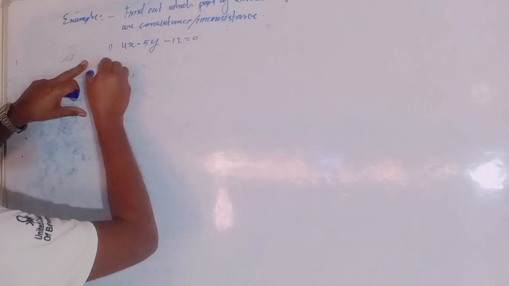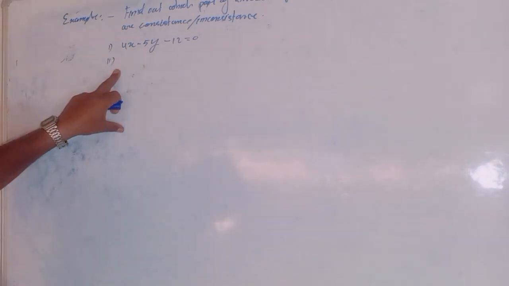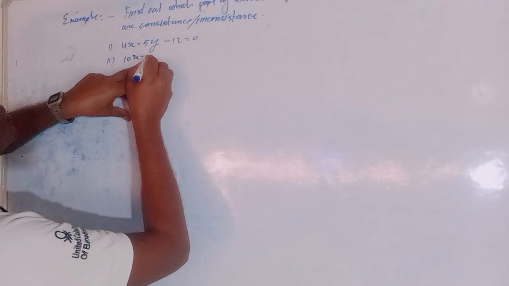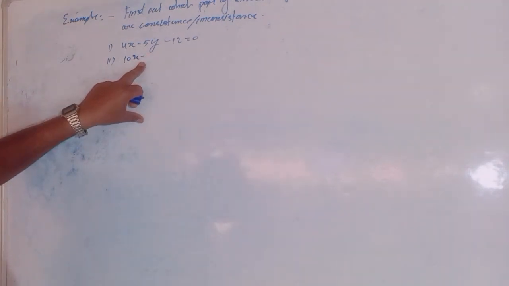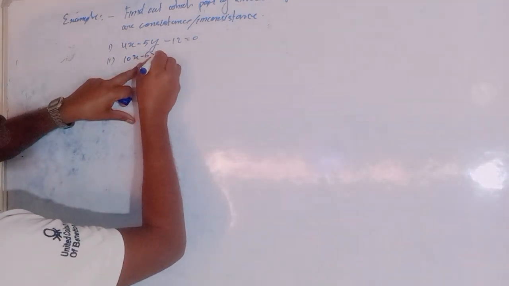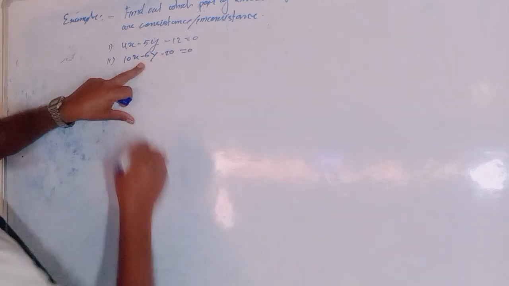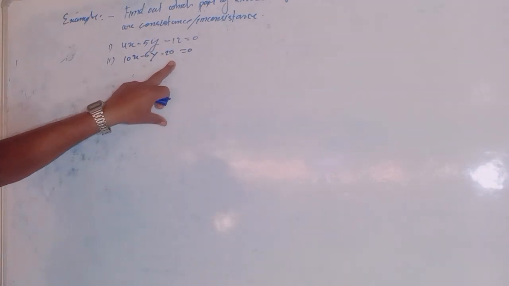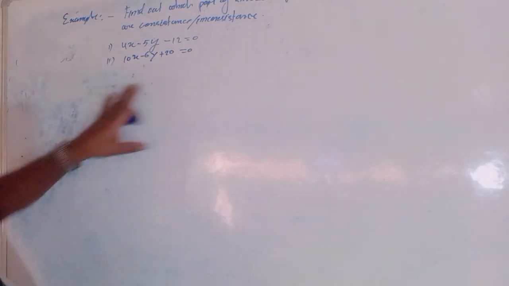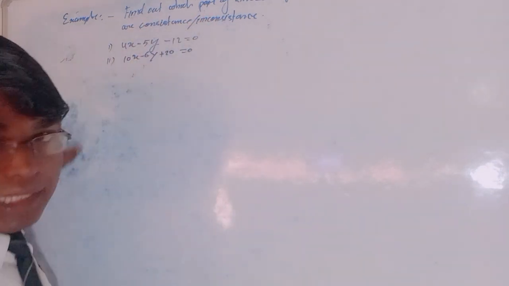This is the first equation, and the second equation is 10x minus 6y plus 20 is equal to 0. Two equations are given. It's a plus 20. So we have to prove whether it is consistent or inconsistent.